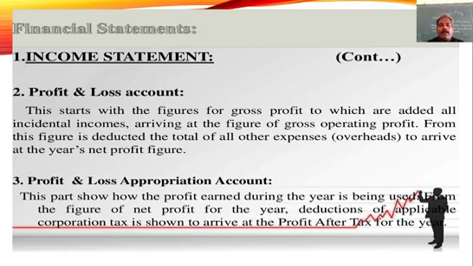So in the profit and loss account, we post on the debit side all the expenses and losses, and some provisions also. On the opposite side, the credit side, we post gross profit, then some incomes and gains. After checking the total of both sides, if the maximum amount is on the credit side, we get profit. If the maximum amount is on the debit side, we get a net loss.